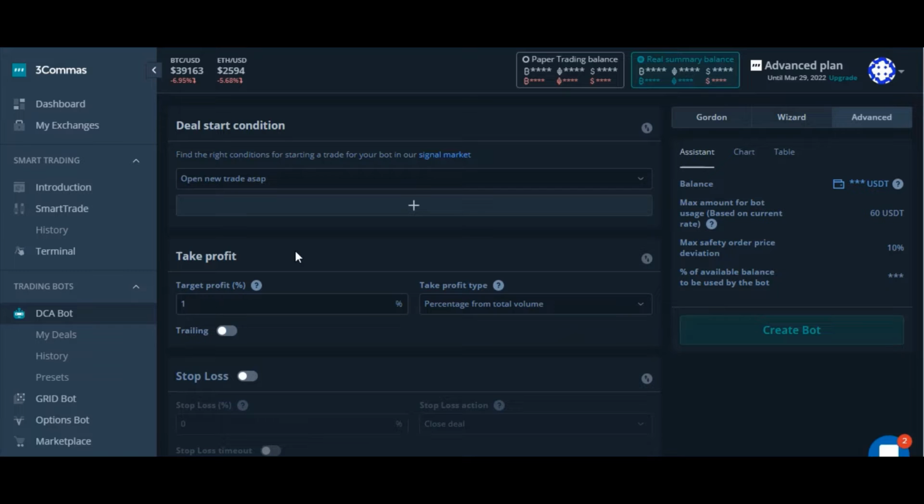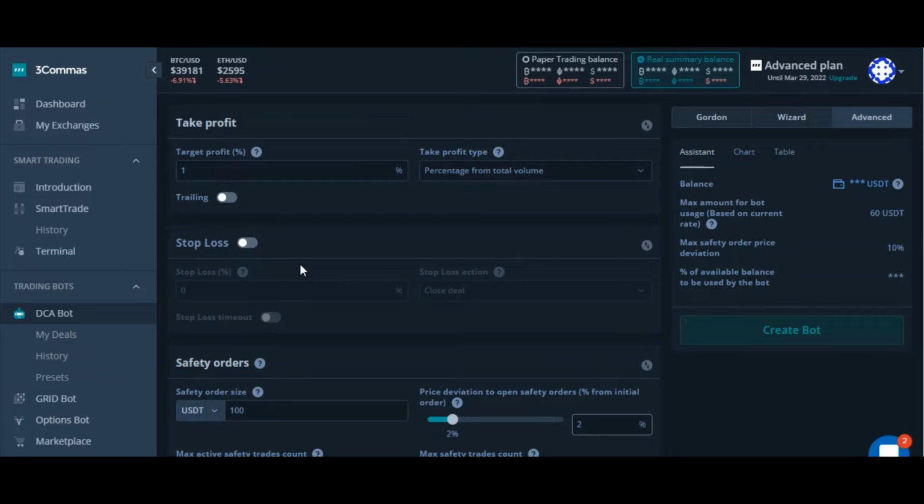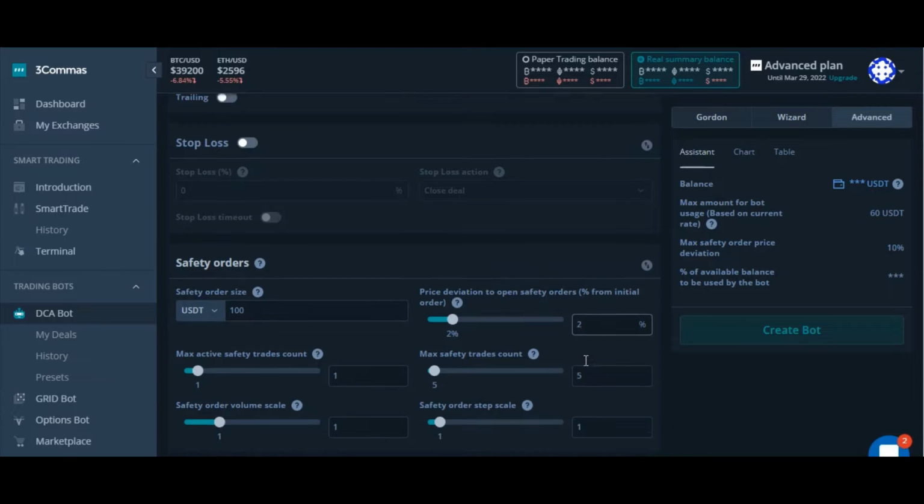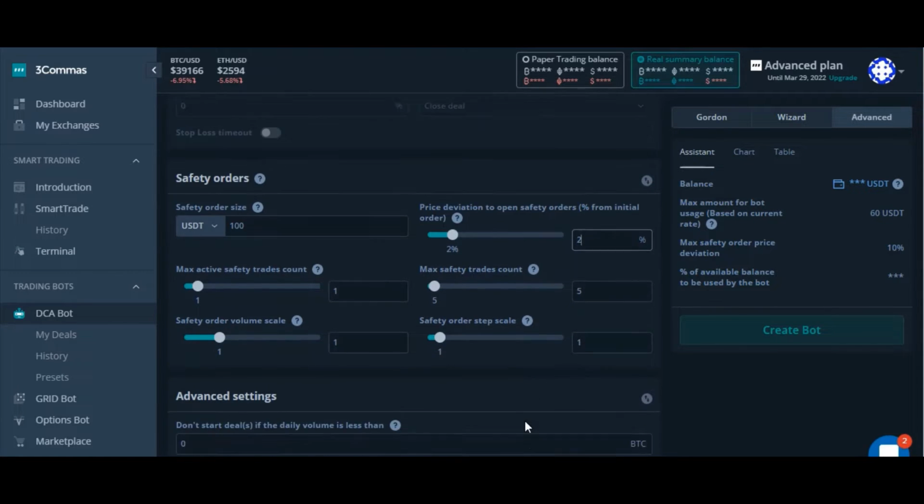For example, if the price is 0.8 USDT per ADA, it will buy at 0.8, and if the price still declines by 2%, as I mentioned here, it will trigger another buy order, right?